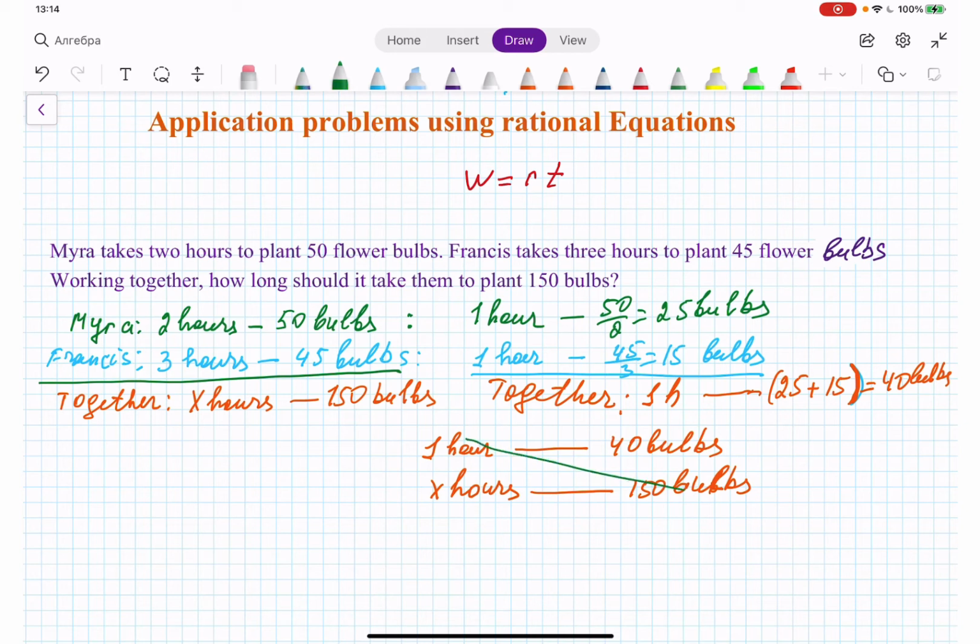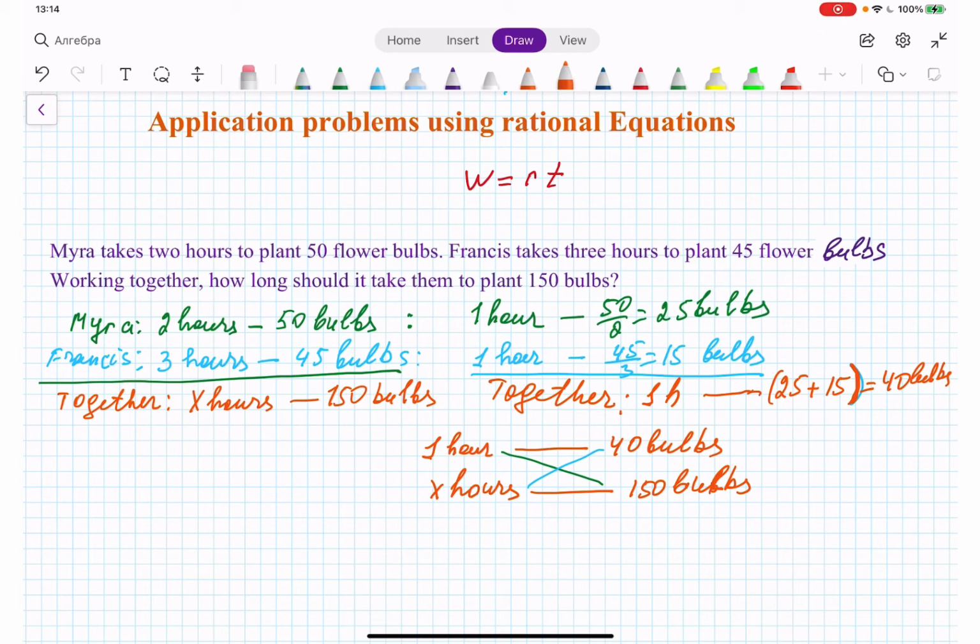1 hour times 150 bulbs, multiplied together, and 40 multiplied by X. Pay attention: hours under hours, bulbs under bulbs.